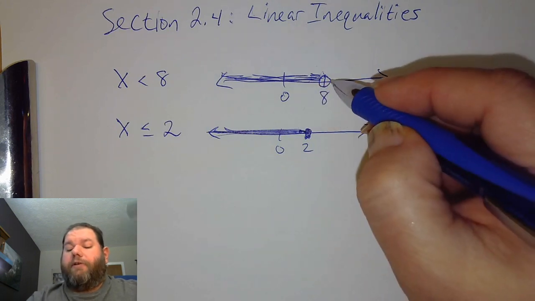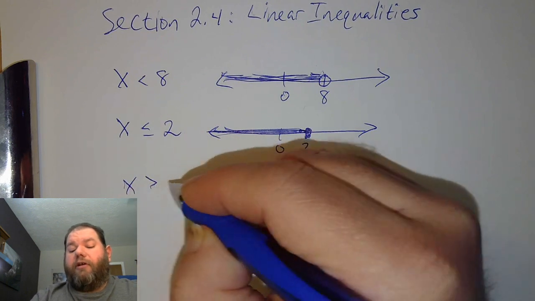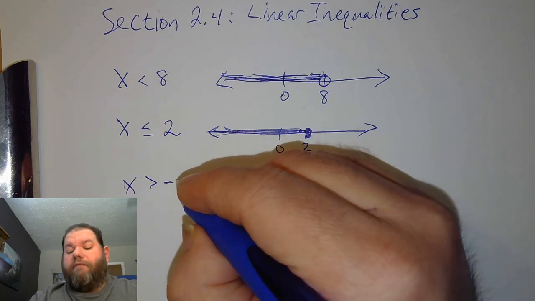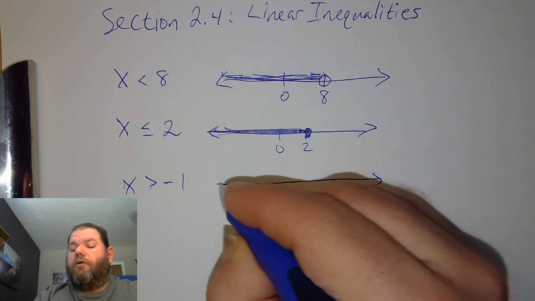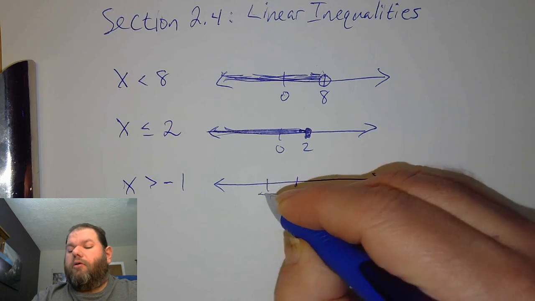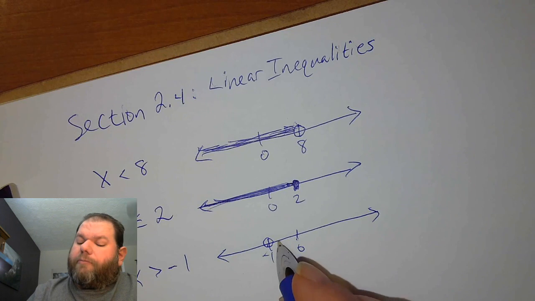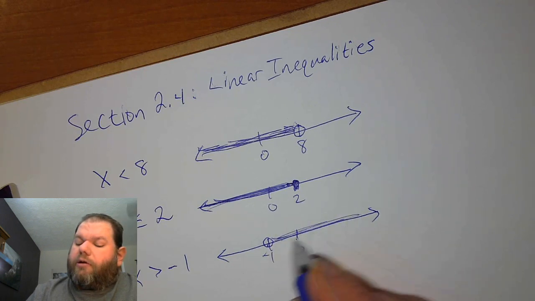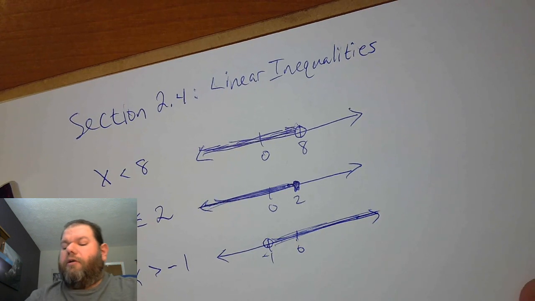So that's the difference between less than and less than or equal to, and we actually see a similar thing if it's greater than or equal to. I don't usually make a whole lot of numbers on my inequality graphs here.